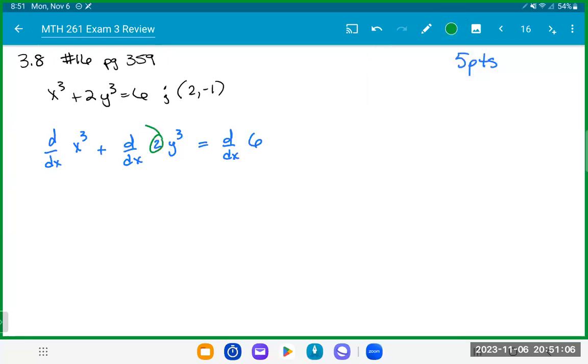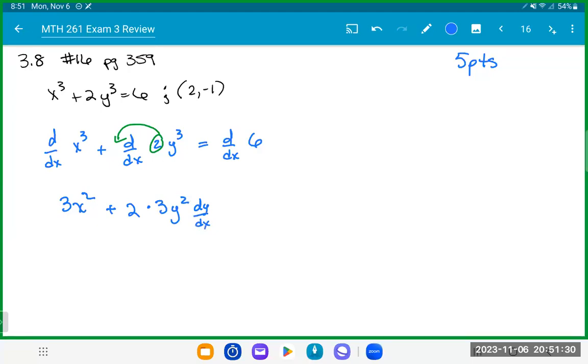So we can bring that 2 to the outside. And this gives us 3x squared plus 2, take the derivative of y cubed. That is going to be 3y squared. And we have to add the dy/dx on there.